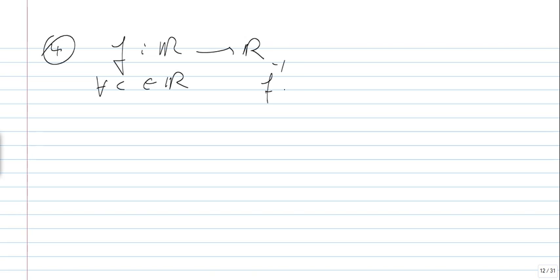Next problem, 4. We're looking at a function f which goes from R into R, and we assume that for every C in R, f inverse of the singleton {C} is measurable.